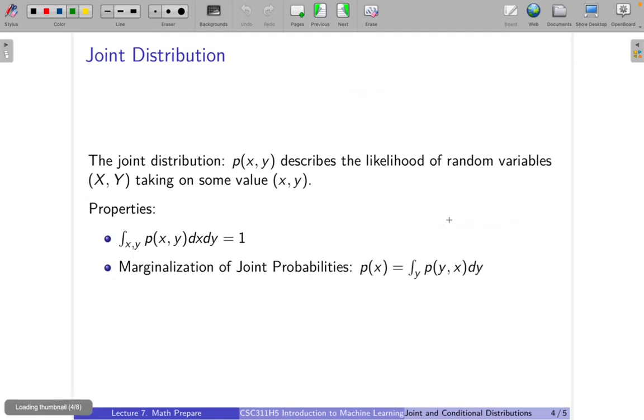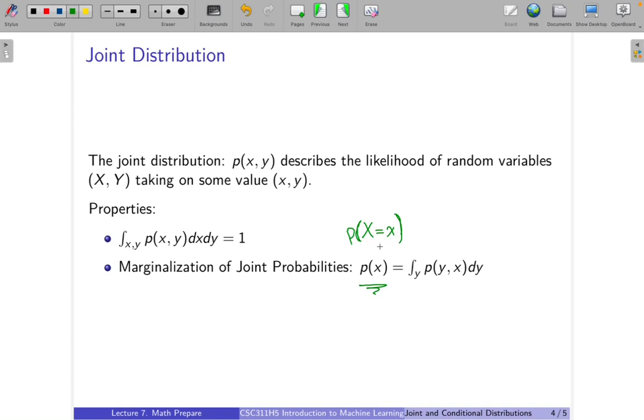Also, we can get back our probability of a single random variable. This is the probability that my random variable x is little x, and my y could be anything, right? Because I'm not specifying a value of y here.